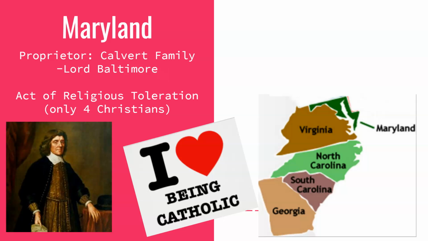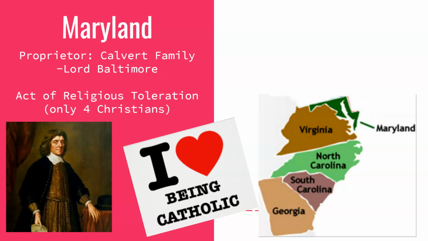And why does the Calvert family want a colony? Well, once again, religious freedom. Like our Pilgrims in Massachusetts and our Quakers in Pennsylvania, we have our Catholics in Maryland. Think of Mary, like the mother of God. So think of Maryland, you can remember it's the Catholic one. It's actually named after a queen, but anyway, that's how I remember it.